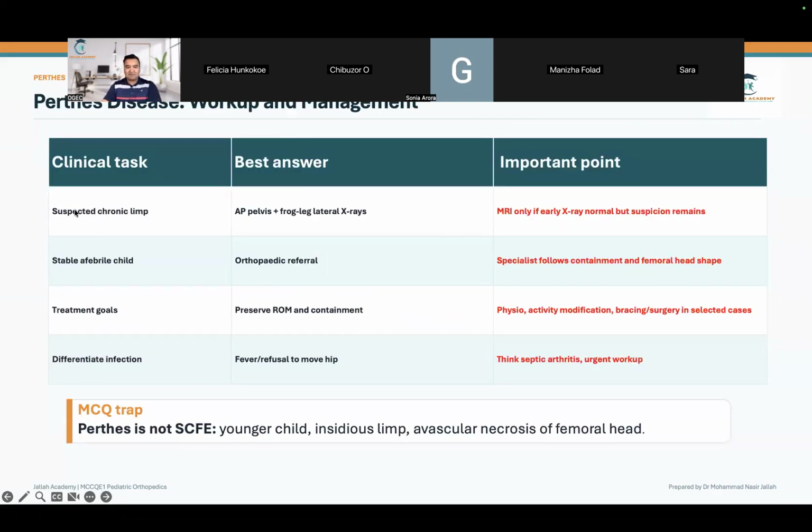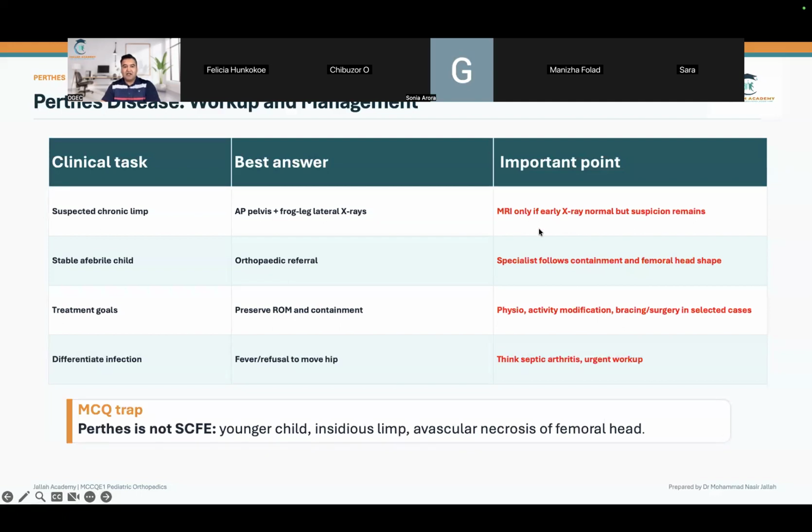Clinical task: suspect chronic limp. If you have somebody who is between the age of 4 to 8, especially male, and the patient has a chronic limping, think about Perthes. So anteroposterior pelvis, frog leg lateral X-ray, MRI only if early X-ray is normal or inconclusive but suspicion remains, or you're still suspecting, then you have to do the MRI.